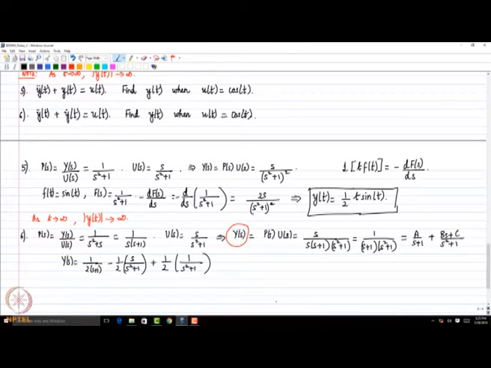But more important, residues are important. More importantly is the concept which I am coming to, which is y of t. If you take the inverse Laplace transform, you are going to get 1 by 2 e power minus t, minus 1 by 2 cos t plus 1 by 2 sin t.